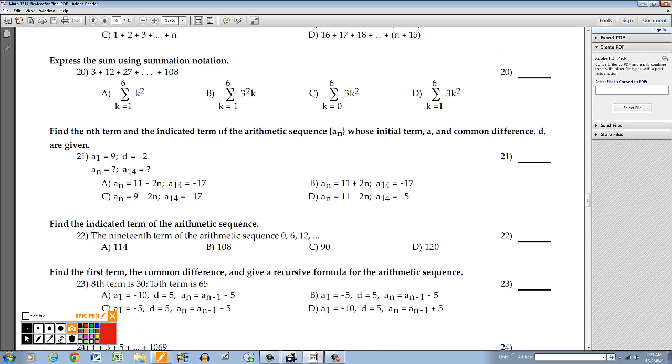21 says find the nth term and the indicated term of the arithmetic sequence whose initial term A and common difference D are given. Okay. For this one, the nth term of an arithmetic sequence is given by this formula.